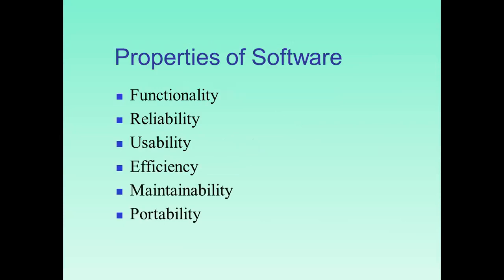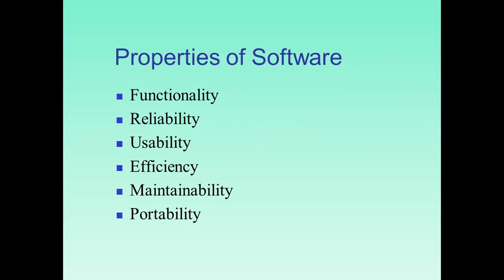Now, properties of the software. Your software that is designed by you must have such properties, or we can say characteristics. First is functionality. Second is reliability. Third, usability, efficiency, maintainability, portability.